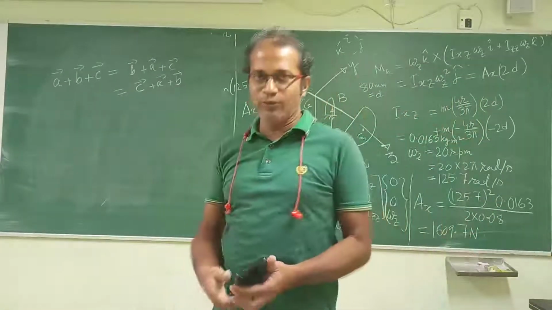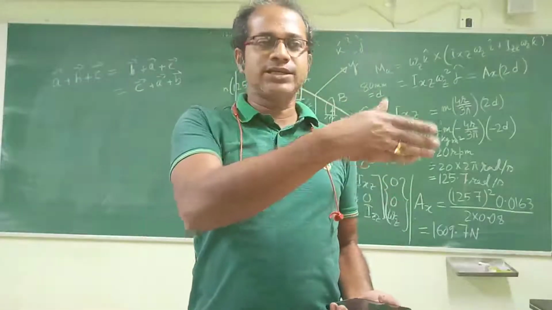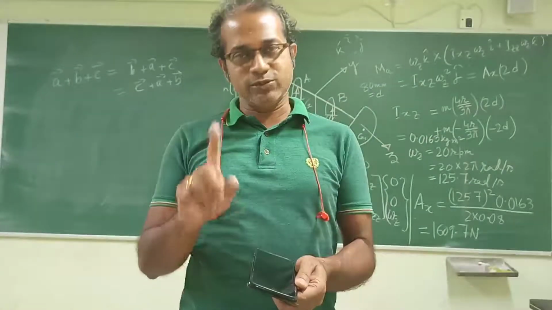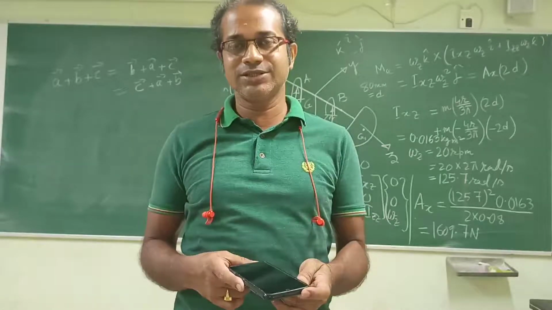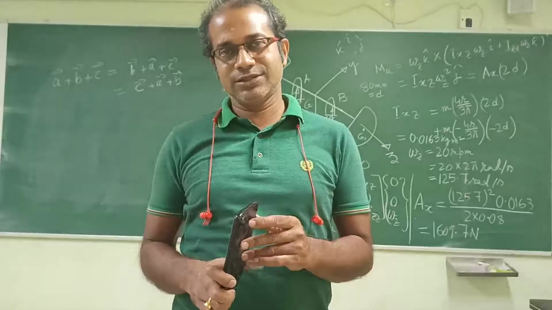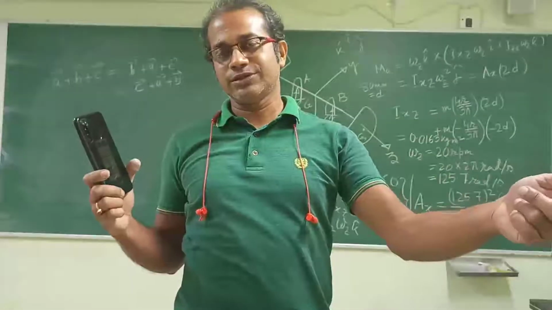You take your mobile phone or any book. So you denote x axis, y axis and z axis. You give 90-degree rotation with respect to x first, then 90-degree rotation with respect to y, and then 90-degree rotation with respect to z. Note your initial position and the final position.